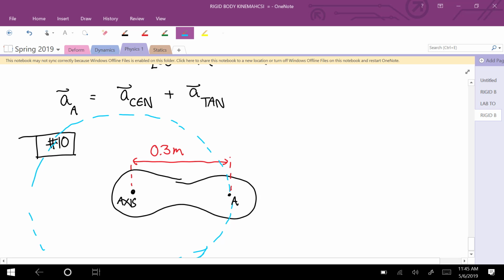This problem sort of works in reverse of the way we usually do these. The tangential acceleration vector, we're told, is 0, -4. So the tangential acceleration is this way with a magnitude of 4 meters per second squared.